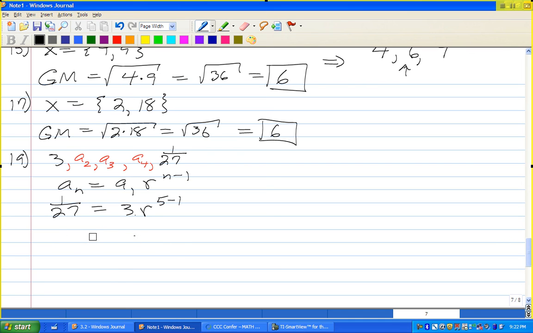And so divide both sides of your equation by 3, so you get 1 over 81. And so r is equal to, you don't want really negatives inside the geometric mean. So I want to assume that r here is always greater than 0, in which case I just get 1/3.